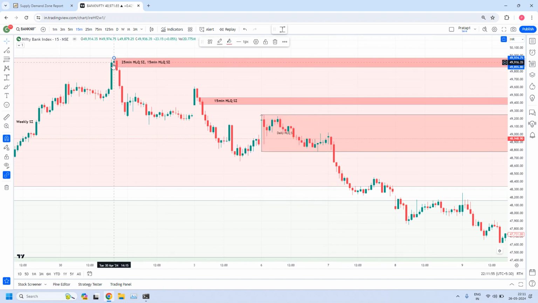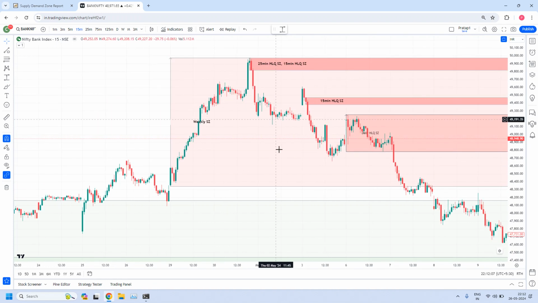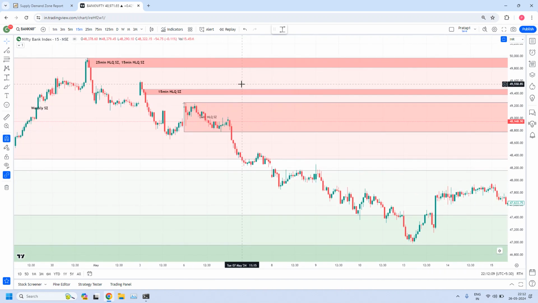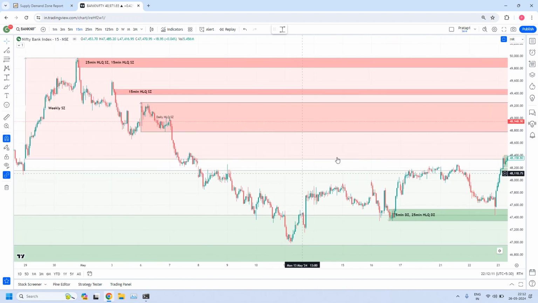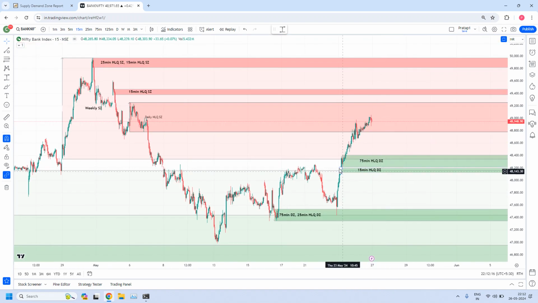But 15 minutes also includes the next candle, because this is not a leg out, this is a leg-in candle. So the leg candle is also part of the base. So this is an excellent leg out. This is about the 15 minutes time frame. This 15 minutes zone might be acting as a trap to this 75 minutes high liquidity demand zone.